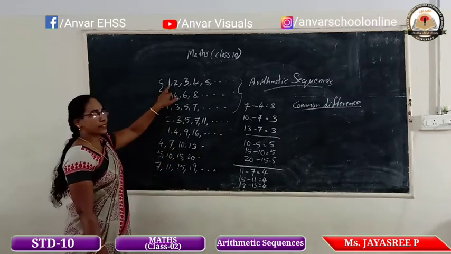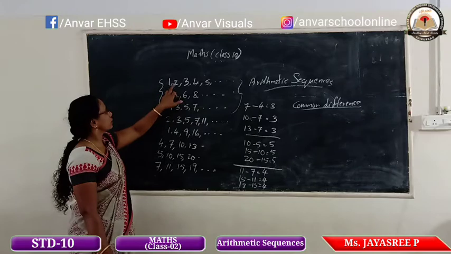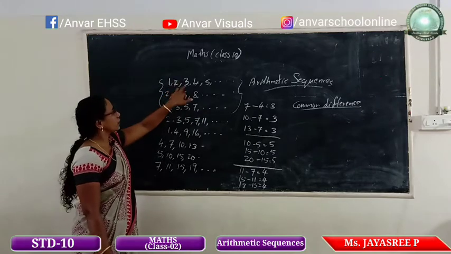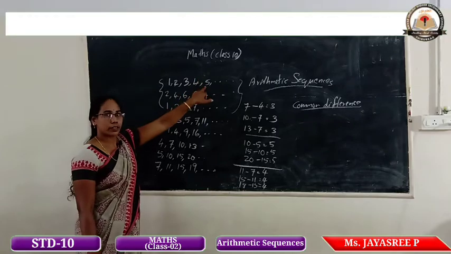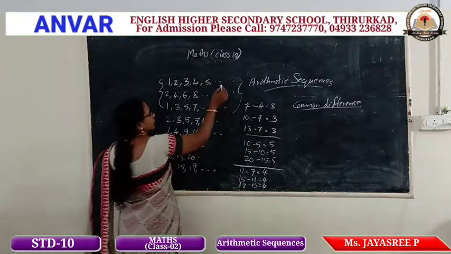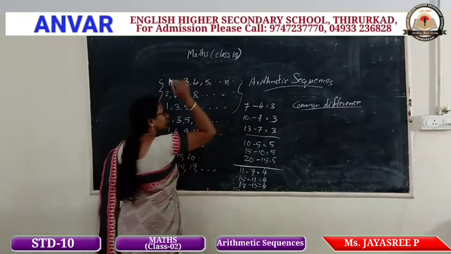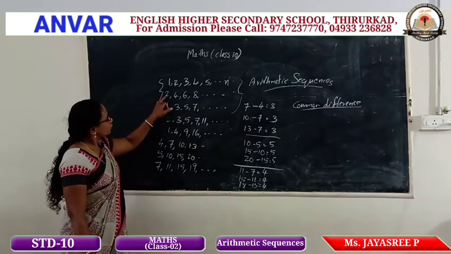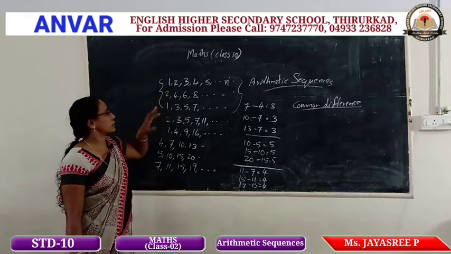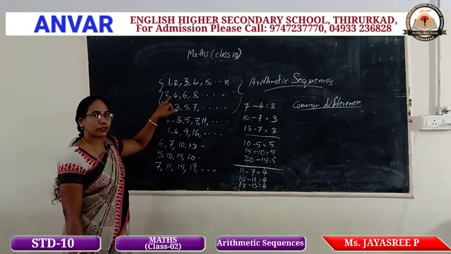Now, 1 is the first term of this sequence, 2 is the second term, 3 is the third term, 4 is the fourth term, 5 is the fifth term. So what will be the nth term? The nth term is n. Now 2, 4, 6, 8, etc. 2 is the first term.